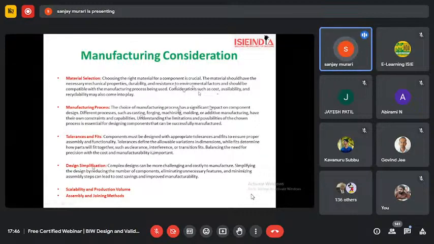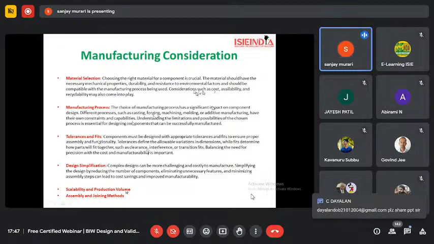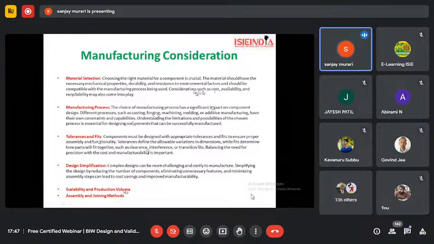Okay, then comes design simplification, scalability and mass production volume. Suppose I have to manufacture one component, and every target will be fixed. In 1 year I have to prepare 1 lakh vehicles, and if the manufacturing method for a few components is 3D printing, then 1 lakh components with 3D printing may not be possible to manufacture in 1 year.